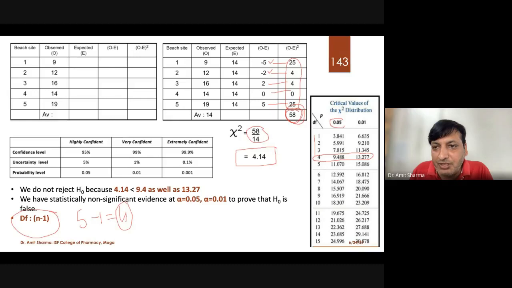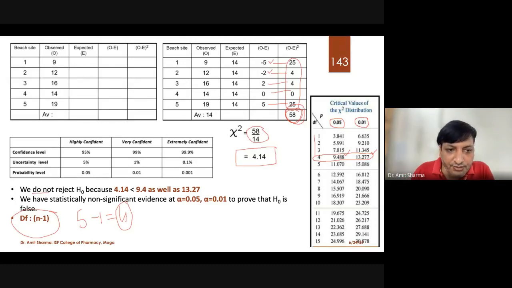Most common is 0.05 for 95% confidence interval, and if the confidence interval of the study is 99%, then the cutoff point will be 0.01. So we'll look for both. Now the table value is 9.4 and the second table value is 13.2. Now we'll come to the standards.